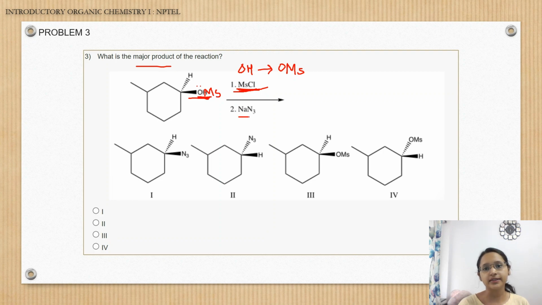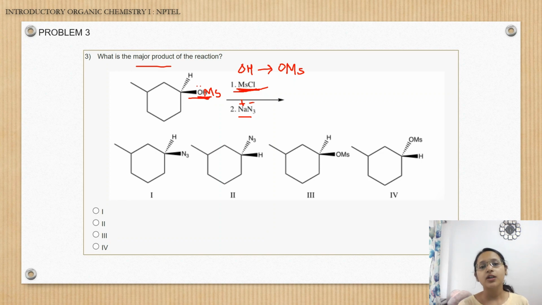Now coming to the second step, they have added sodium azide to the system. If they have added the sodium azide, what will happen? As you know, this sodium is positively charged and this azide is negatively charged in this system.